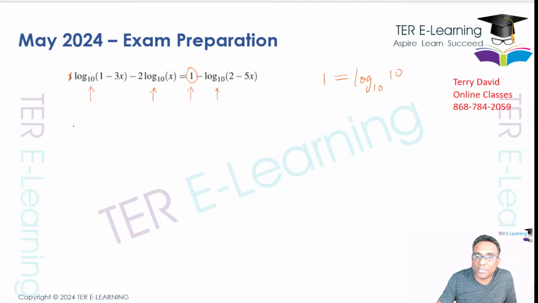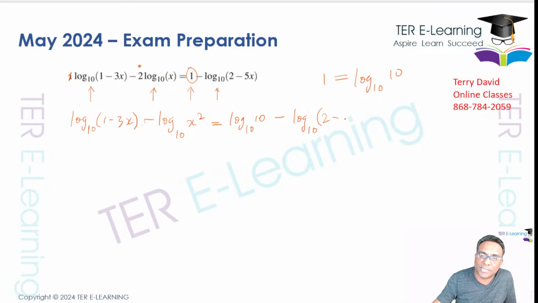On the left side, you're going to write log to base 10 of 1 minus 3x, and this 2 we're going to write as log to base 10 of x squared, is equal to log to base 10 of 10 minus log to base 10 of 2 minus 5x.